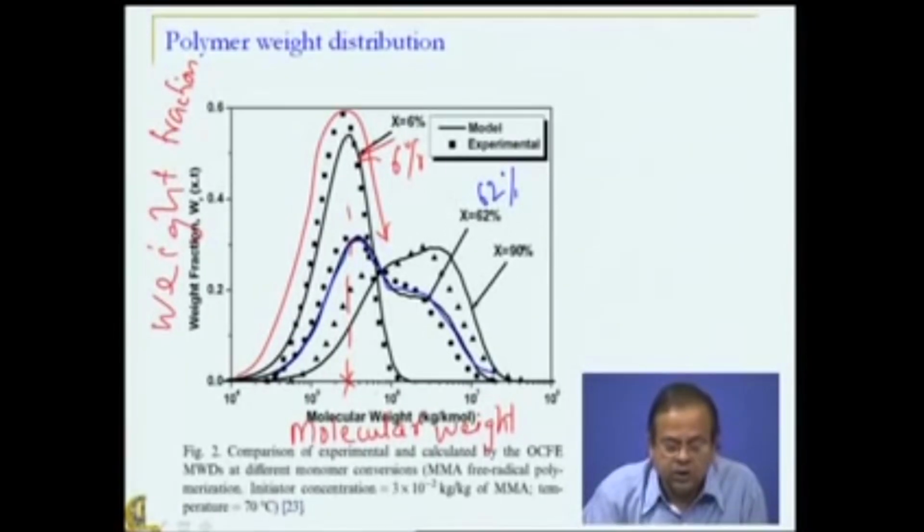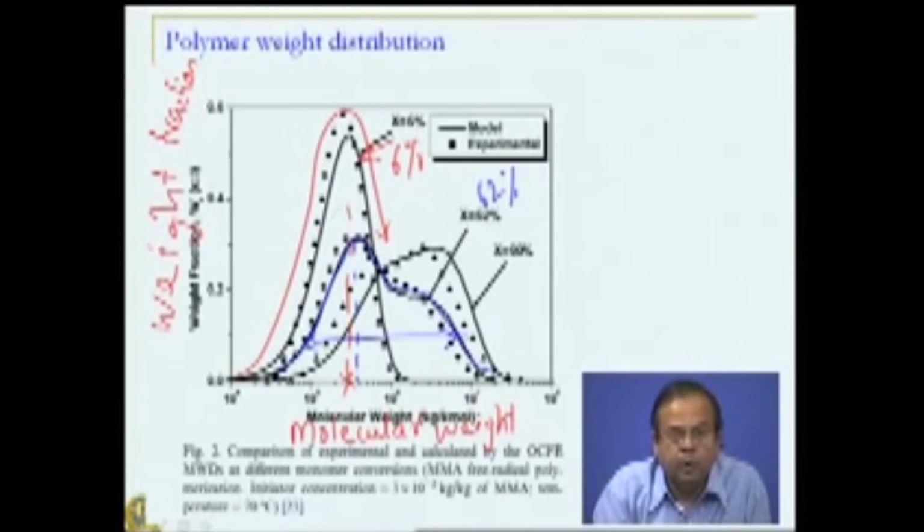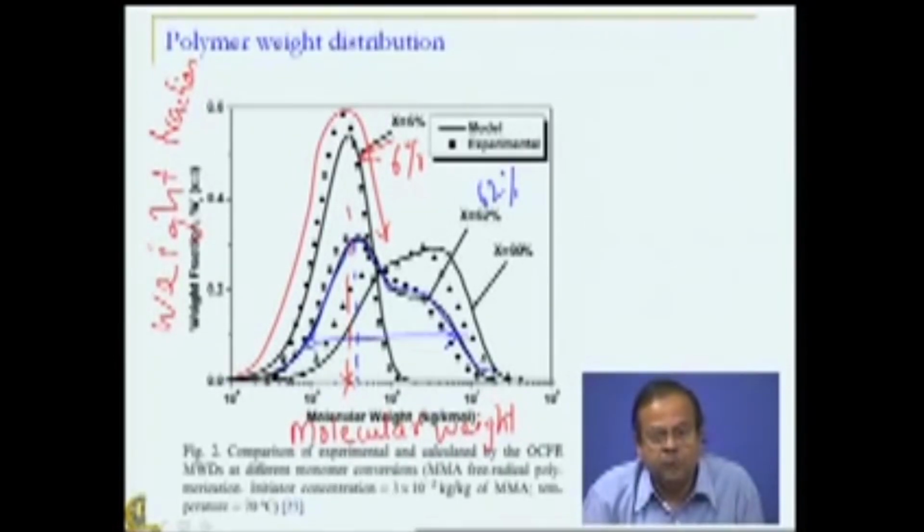What we notice is that the maximum is still in the same range, with the maximum number of segments having molecular weight somewhere between 10 raised to 5 and 6, but the spread has now increased compared to the previous 6% conversion.